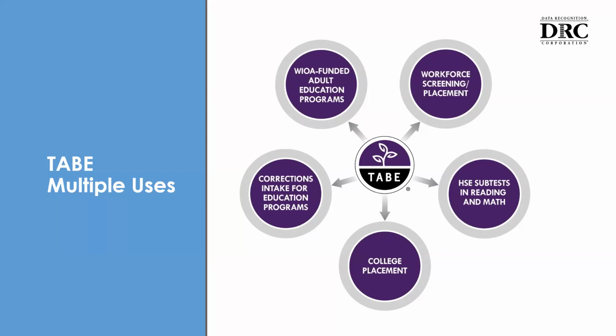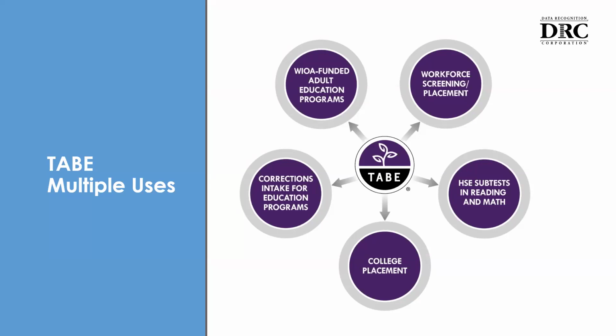And then there are some states that use TABE in the high school equivalency options program. Prior to the pandemic, it was something that the state of New York was looking at, and the state of South Carolina. Since the pandemic, those programs have kind of slowed down due to retirements and different focuses, but South Carolina still has a program that allows the TABE math test to be used as an option for the GED math test.